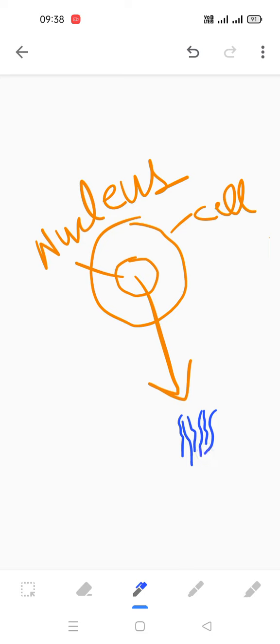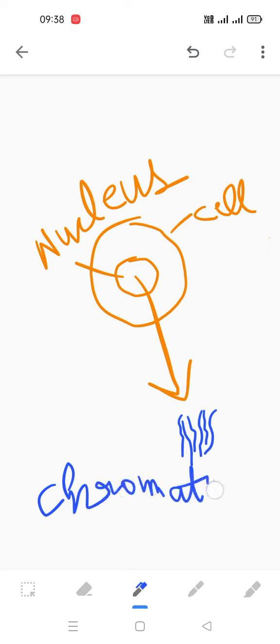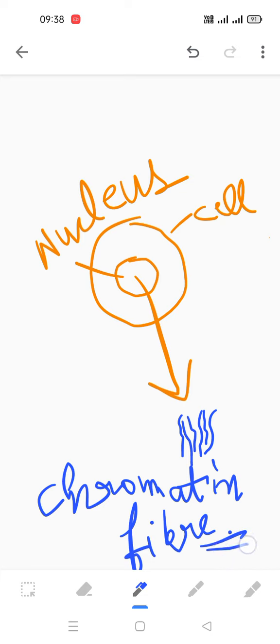Like this you have. This is your what? Chromatin fiber. This is nothing but the chromatin fiber only.